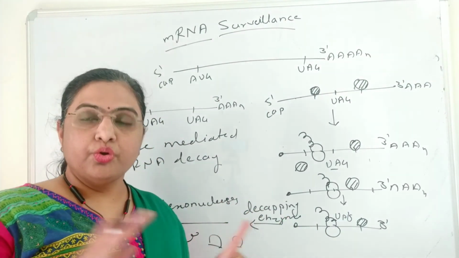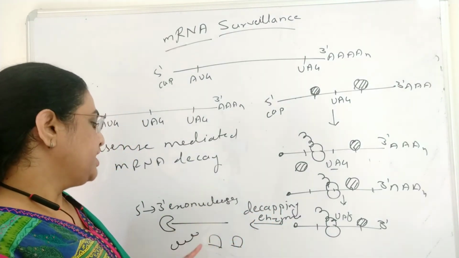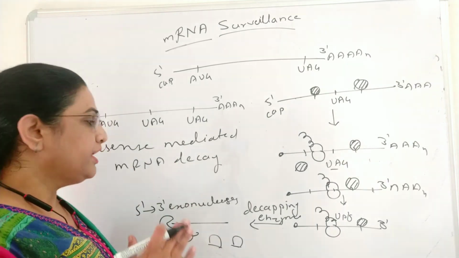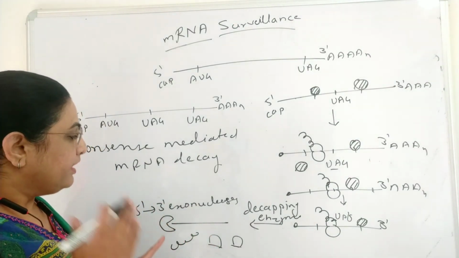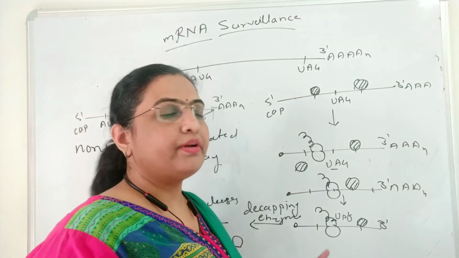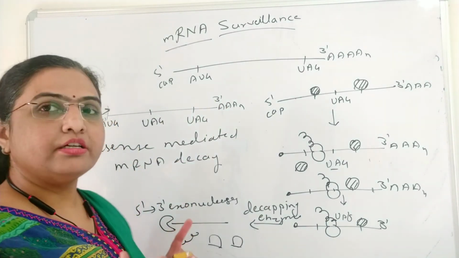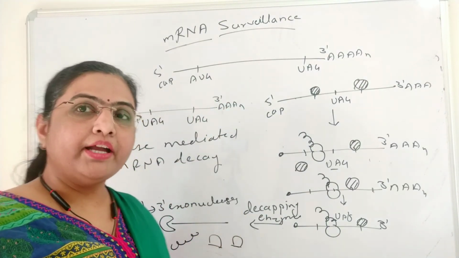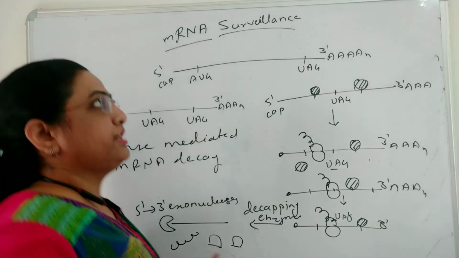UPF dissociates the ribosomes and releases the proteins and the mRNA, and that mRNA is now unstable as there is no cap. So there is a cleaving of the mRNA by the 5' to 3' exonucleases, and in this way, there is a degradation of the mRNA with the help of nonsense mediated mRNA decay.